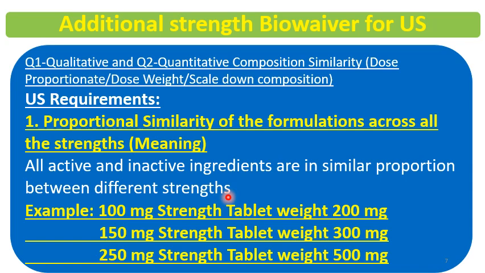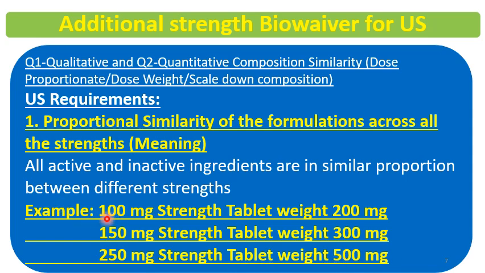The example is taken here, like three strengths are there for the generic formulation or the test formulation, like 100 mg, 150 mg and 250 mg. For 100 mg the tablet weight is 200 mg. For 150 mg the tablet weight is 300 mg and for 250 mg tablet the weight is 500 mg.